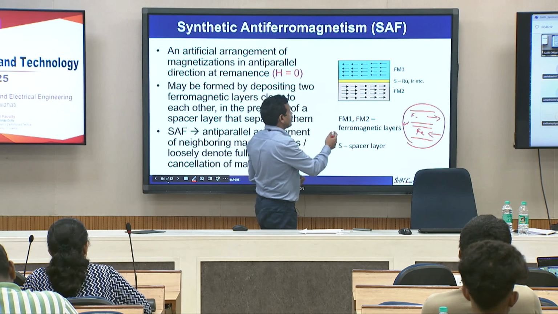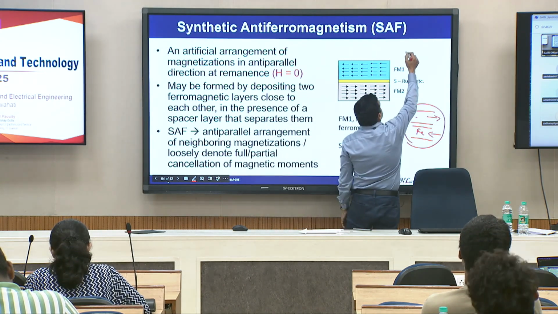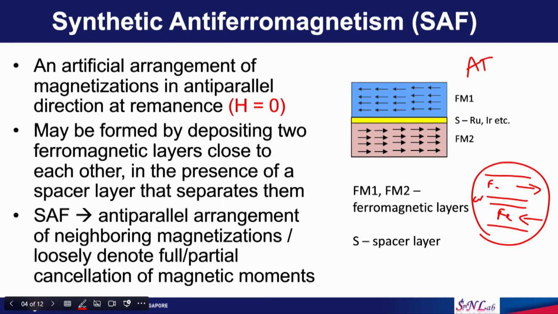If you take an antiferromagnetic material and apply some field, let us say 1 Tesla field, you will see that the magnetization is almost close to 0.